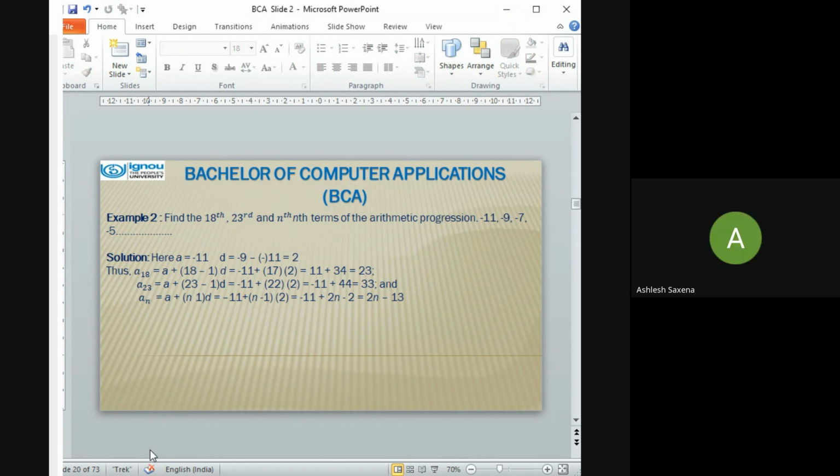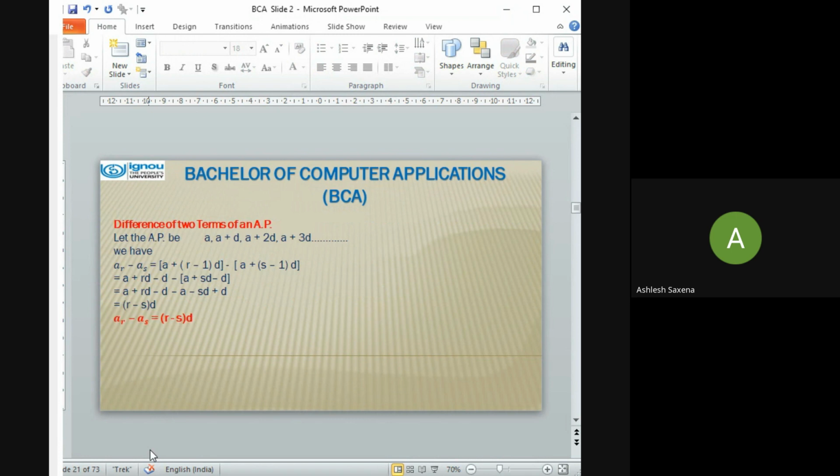First term is A, common difference is second term minus first term, or third term minus second term. Now, the difference of two terms of one AP. What is the general form of an AP? You can see it over here, you have to remember it.